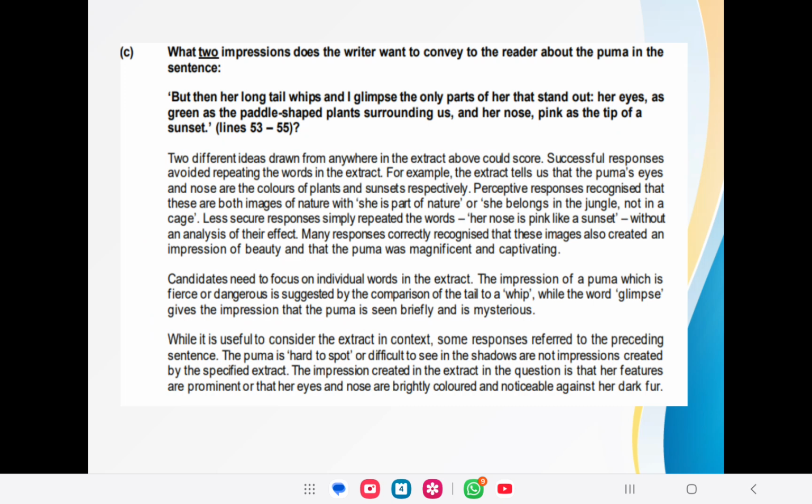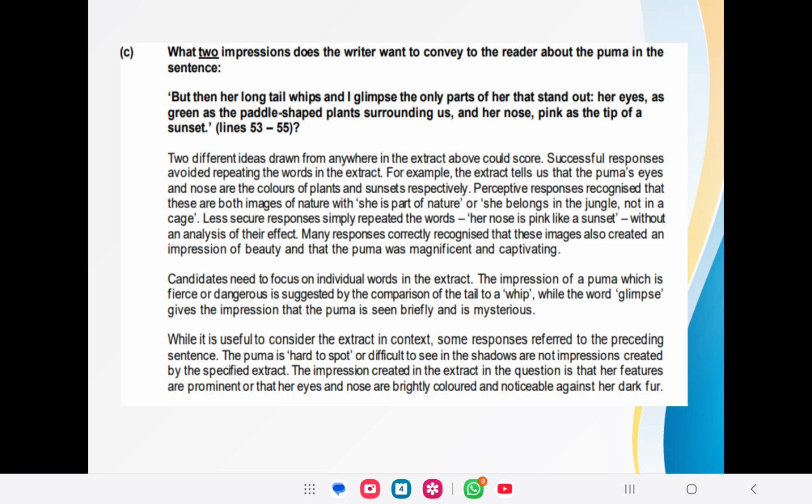Candidates need to focus on individual words in the extract. Like I told you, the word whip is here, the word glimpse is here, then her eyes are here, surrounding us plants, and this is the whole sentence, that nose and eyes are being compared to something.